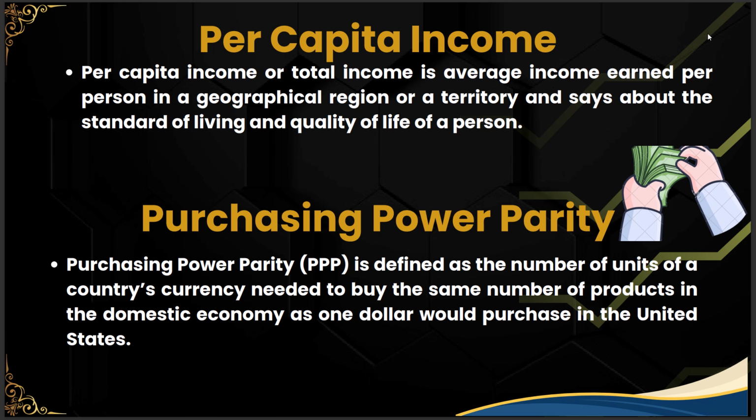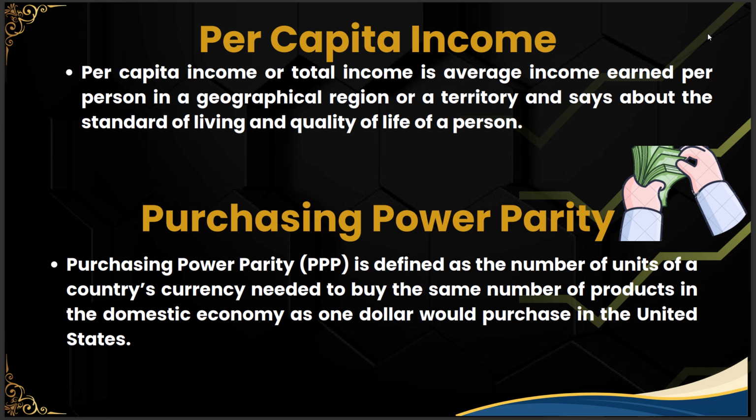It tells about the standard of living and quality of life of a person. It could be measured by GDP divided by the mid-year population of the current year. GDP or GNP divided by the mid-year population of the current year brings in the per capita income.